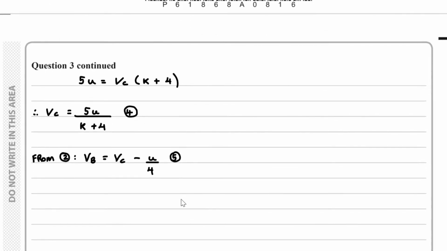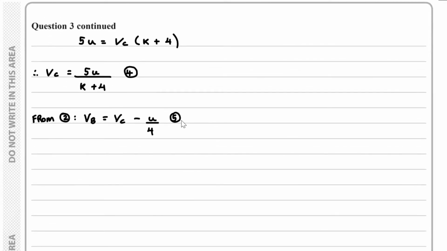And now what we will do is substitute equation 4 into equation 5. So we've got vB equals vC, which is 5u over k plus 4, minus u over 4.